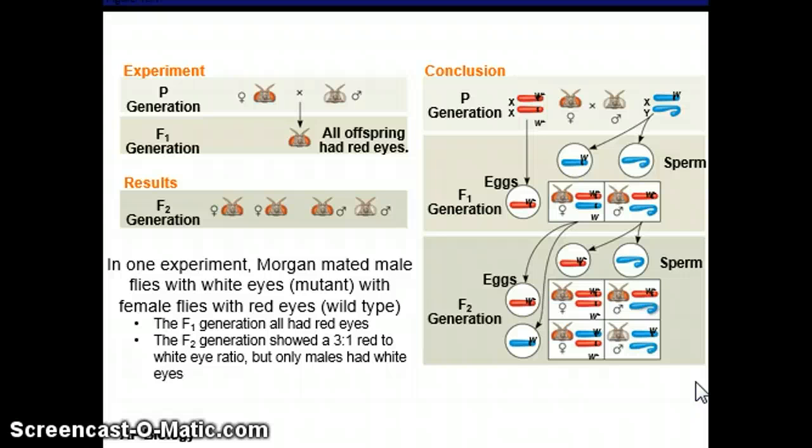We expect a 3-to-1 ratio, but what was different is that only the males ended up having the white eyes. So that's where we start to see when we have little differences like that occurring, or actually that's a big difference, then that tells us that there's something else going on, such as this being an X or sex-linked trait.